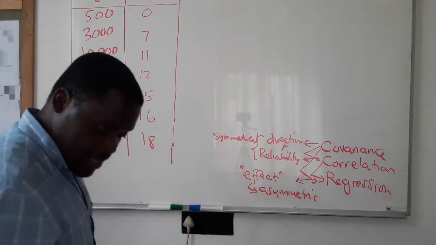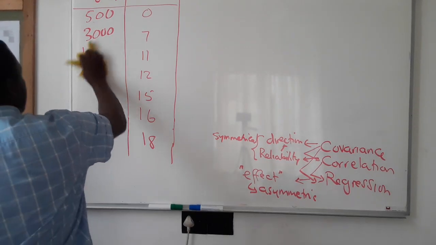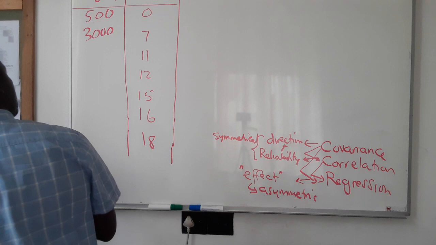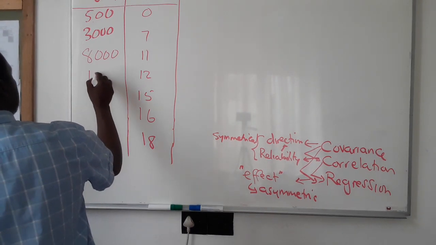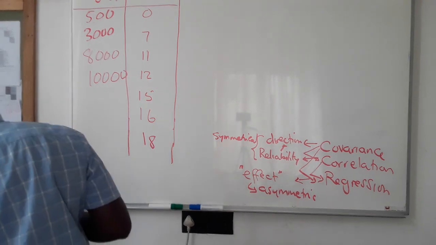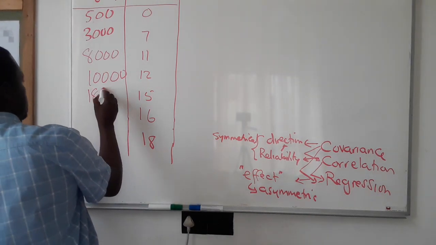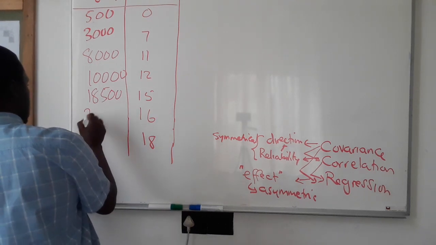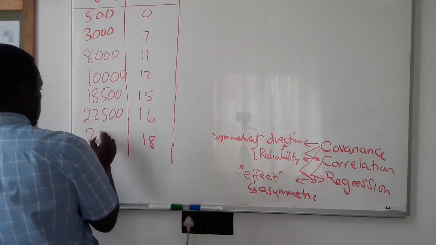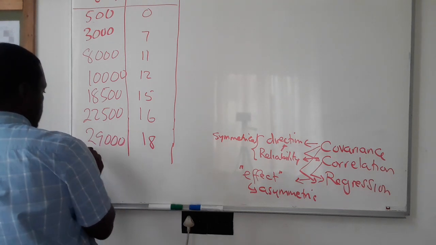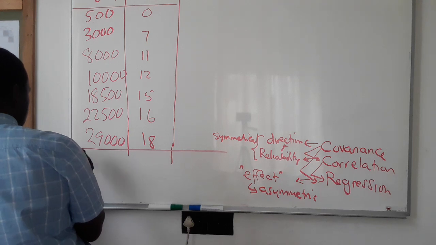I left something out actually. I jumped some number somewhere. Okay, so there is 8,000, then there is 10,000, then there is 18,500, there is 22,500, and there is 29,000. We can look at the sum.